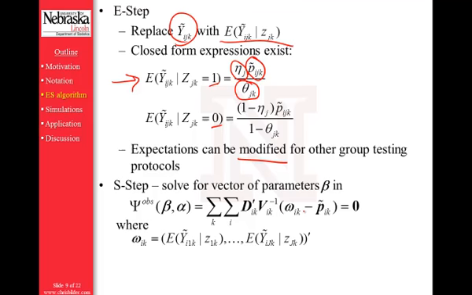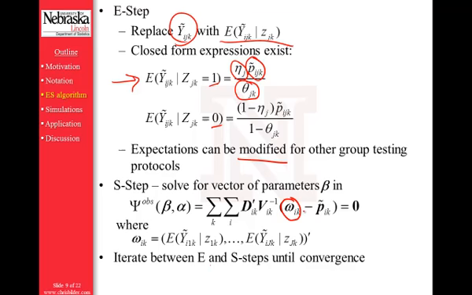Once we have these expected values, we simply put them in our set of generalized estimating equations where we had a y sub ik before. Now we have, let's call it, an omega sub ik, these expected values. And we solve for the vector of regression parameters, our betas. That's the S step, or solution step. And we simply iterate between the E and S steps until convergence.